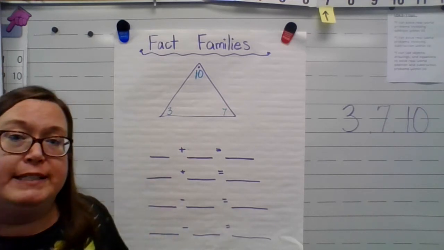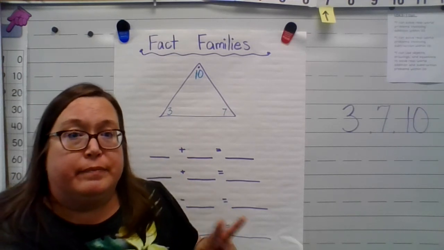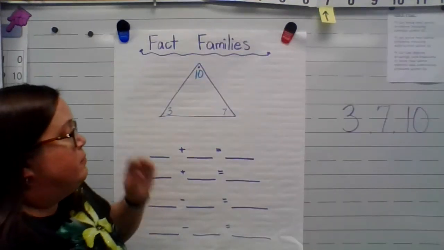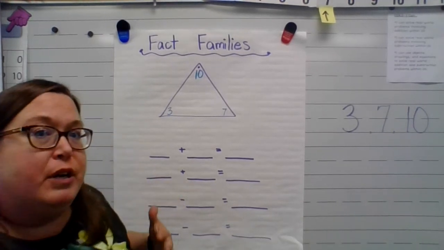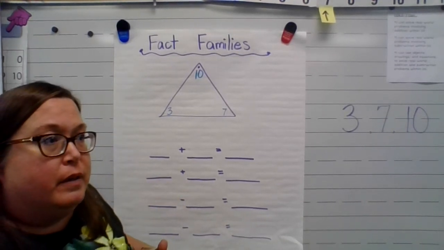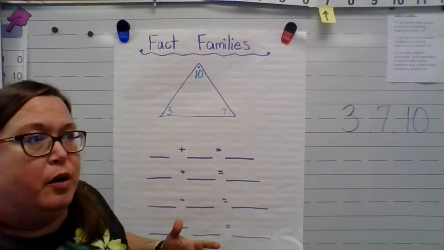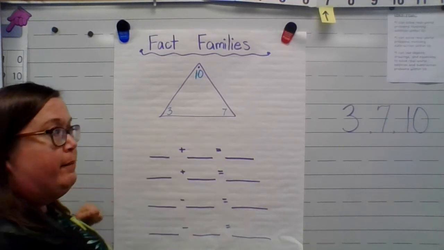Now, remember I said that we could make two addition problems, right? To make those addition problems, you have to think: when we are adding two numbers together, our answer is going to be bigger, right? Because we're putting two smaller things together to make a bigger thing.